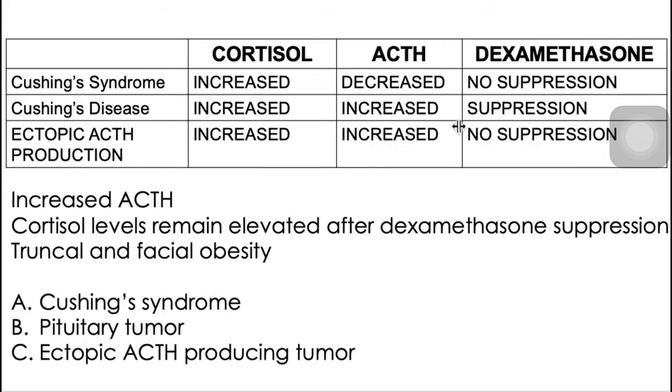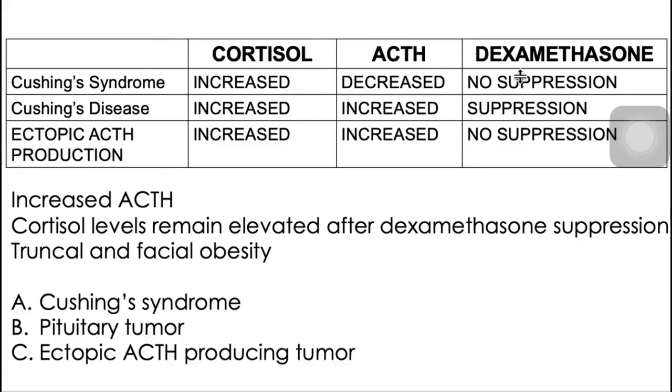But the difference here is the dexamethasone test. We know that dexamethasone is a screening test for your hypercortisolism, wherein dexamethasone is known to suppress cortisol. Okay? So, it is used to suppress cortisol. Pero pag may case po ng Cushing syndrome, this one will not be suppressed.